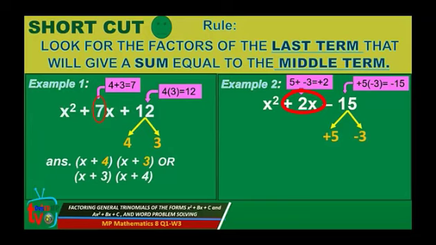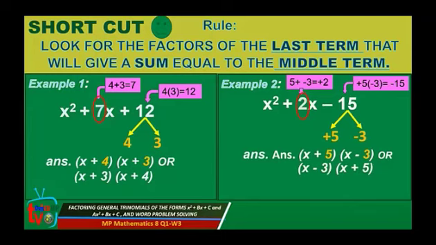Therefore, the factors are x plus 5 times the quantity x minus 3 or x minus 3 times the quantity x plus 5. We can interchange the location of the factors as long as they carry with them the respective signs.